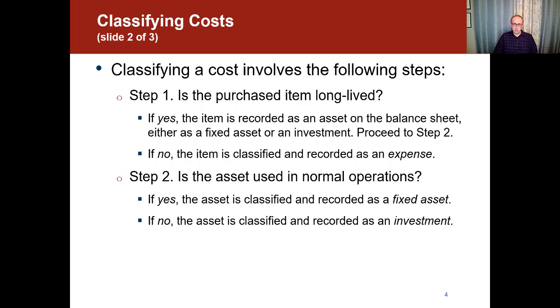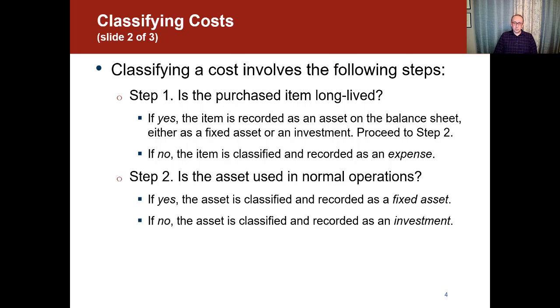If it's a long-lived asset, then the item is recorded as an asset on the balance sheet, either as a fixed asset or as an investment. If the answer is no, then we just record it as an expense. It's not an asset. So the expenditure would be considered to be an expense.